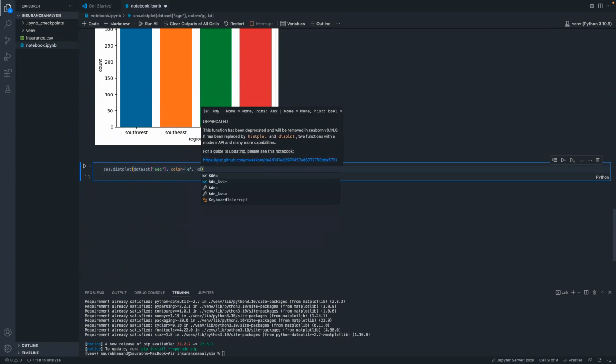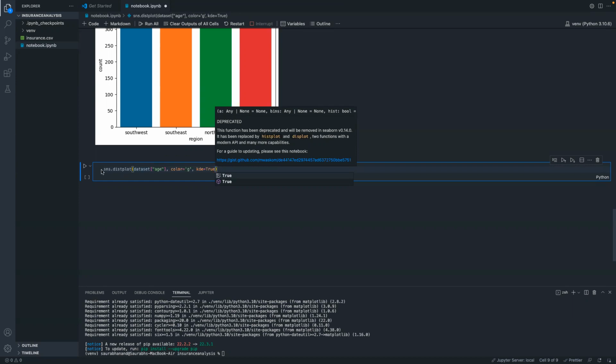And I'm going to set this parameter called KDE equal to True. KDE is nothing but a kernel density estimator. It basically draws the overall PDF, the probability distribution function, for the graph. So it's a good parameter that gives you a good picture of the graph.